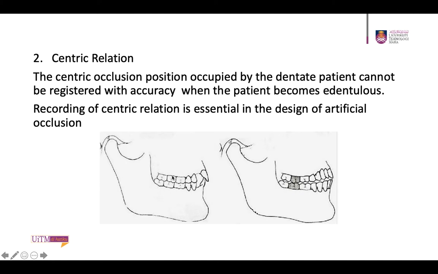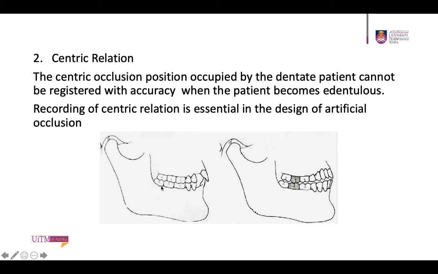Okay, if you try it yourself now, try and bite with the posterior teeth, you always go back to the same position of biting. And at the same time, your temporomandibular joint or your condyle always goes back to the same position in the mandibular fossa here.